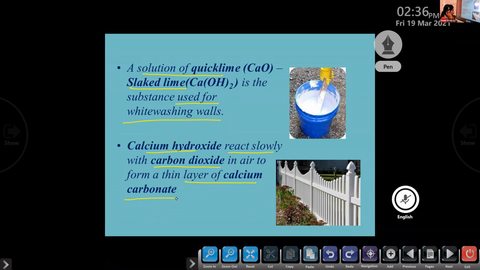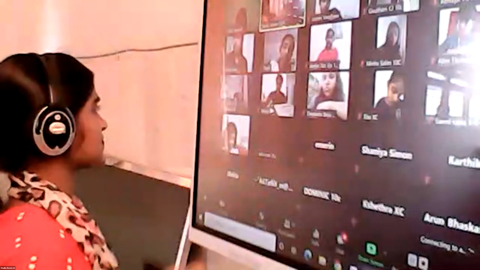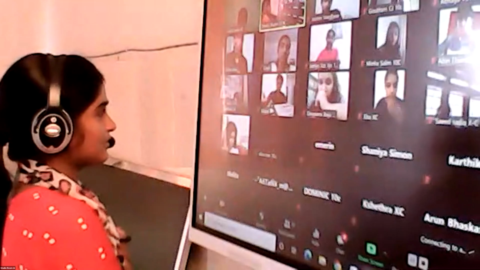Can you tell me the common name of this calcium carbonate? What's the substance? Amarin, can you tell me? Calcium carbonate. Which substance is made up of calcium carbonate?